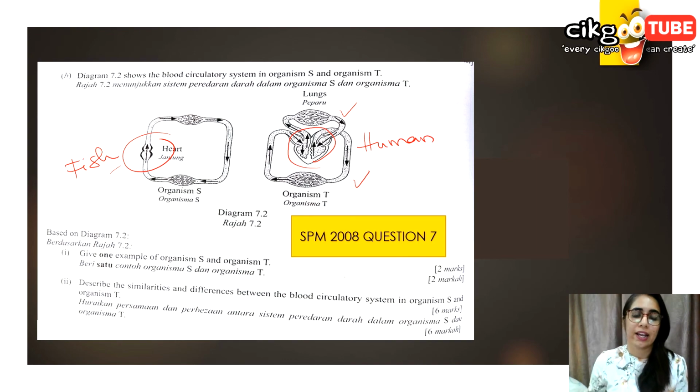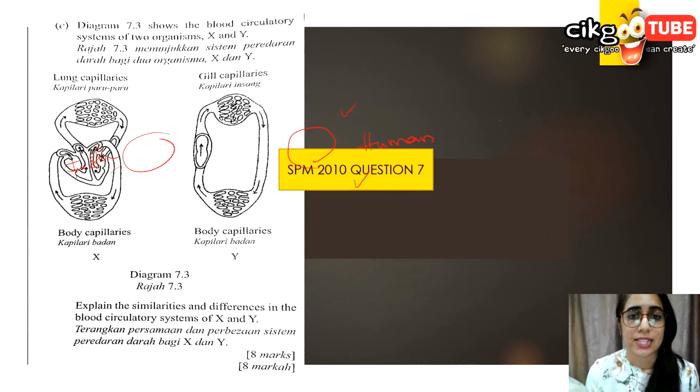Right? Now next, SPM 2010, almost the same question as the 2008, where they say diagram 7.3 shows the blood circulatory system of 2 organisms, X and Y. So we can look at the diagram here. What is X and what is Y?